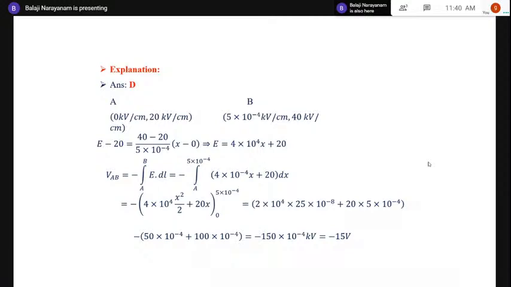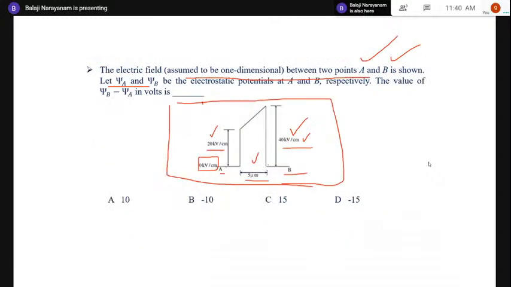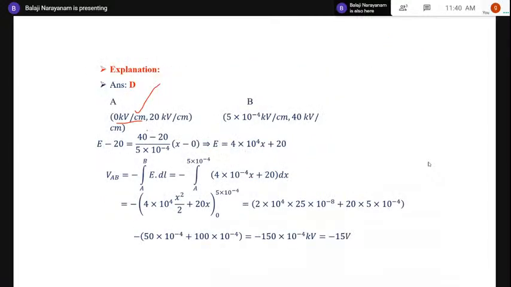At A, the field is 0 kilovolt per centimeter. From this point to this point, we have variation from 0 kilovolt per centimeter to 20 kilovolt per centimeter.